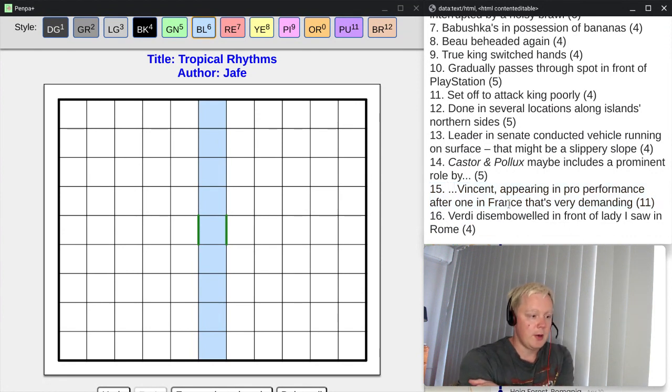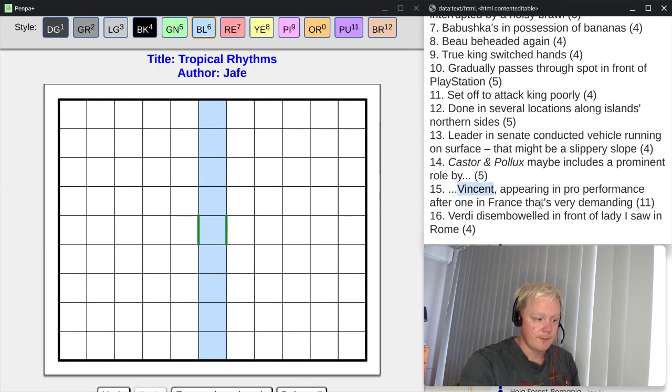So: Vincent appearing in pro performance after one in France that's very demanding. Now, interestingly, one in France can also clue a word in another language, just like we had with sí, which is yes in Spanish. We can have one in France, which is un or une. So that could be what this one in France is doing.